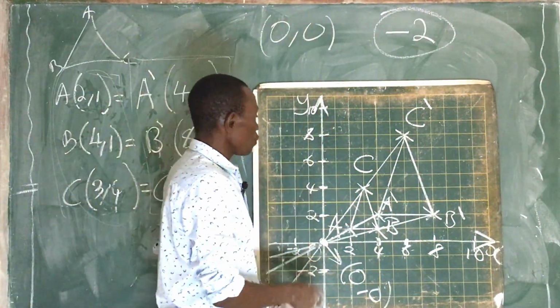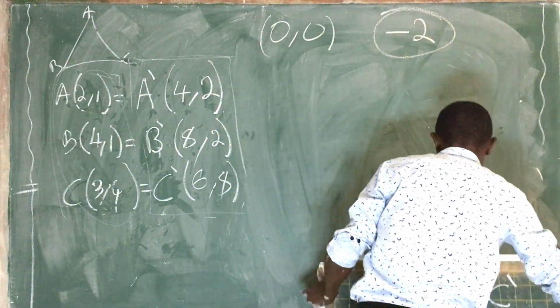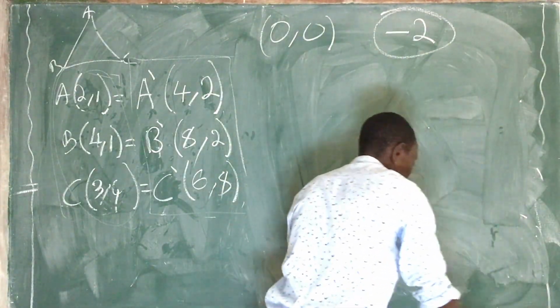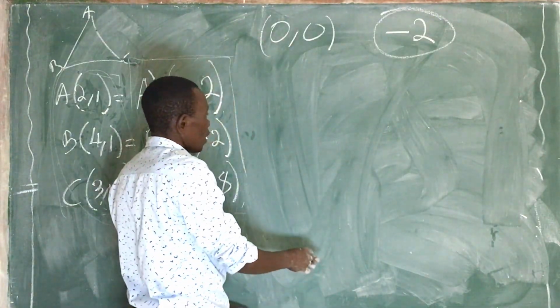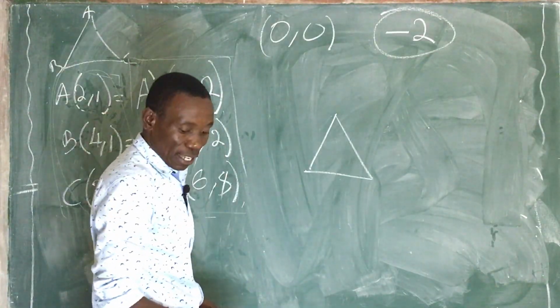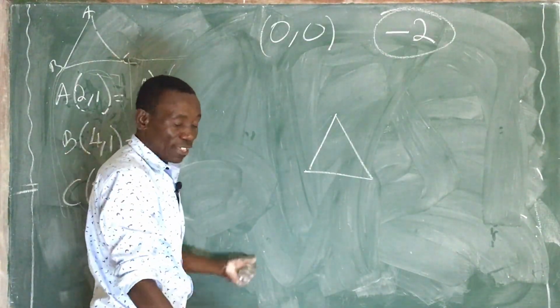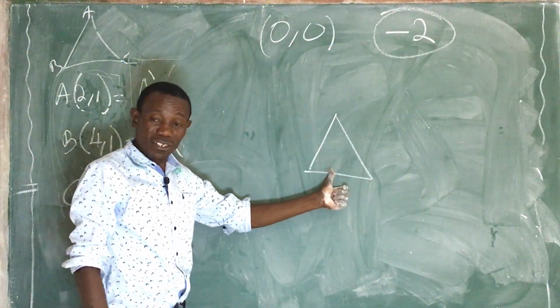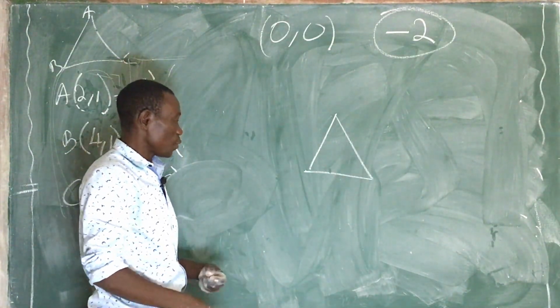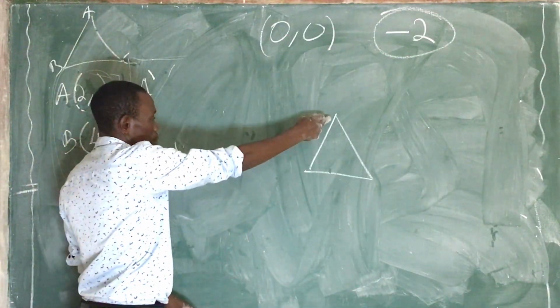So if your object is like this, the image should be on the other side of this triangle, and again upside down. What was up now will be down.